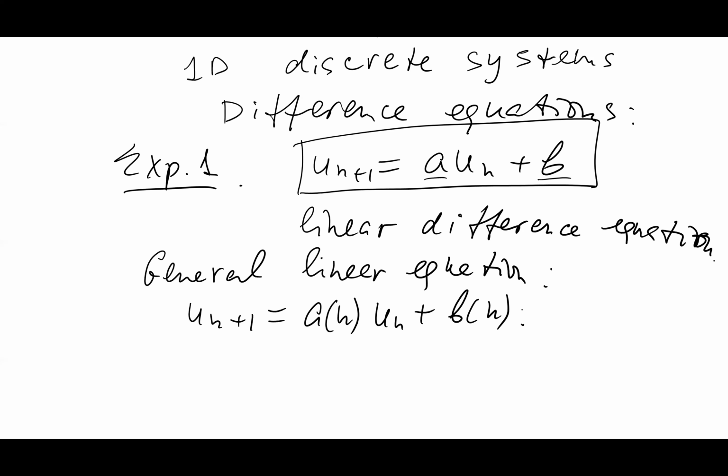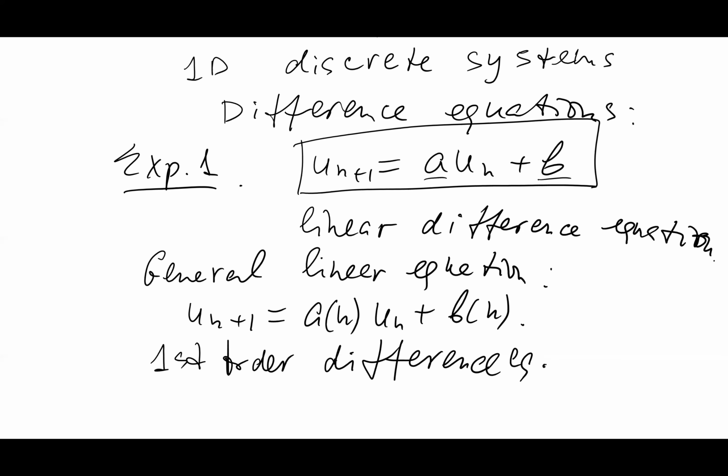So this is still linear. Generally, a first order difference equation is u_{n+1} = some function of u_n and n. And so this is first order general.